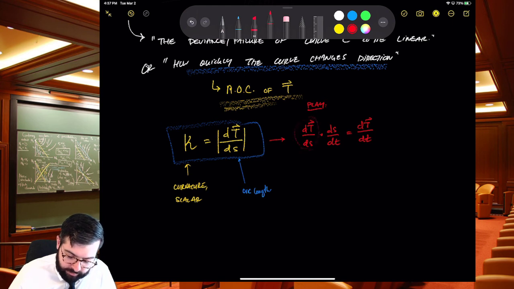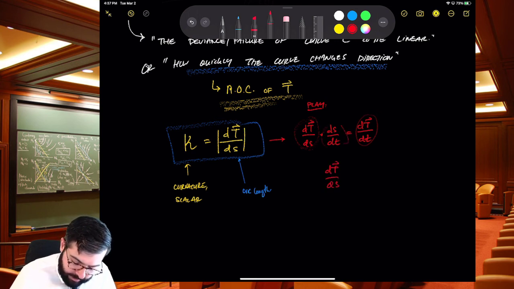And this relates dT/ds now to dT/dt, the parameter for r of t. And so what we can do is actually divide both sides, since this is a number. And we can say, well, dT/ds is really dT/dt over ds/dt.